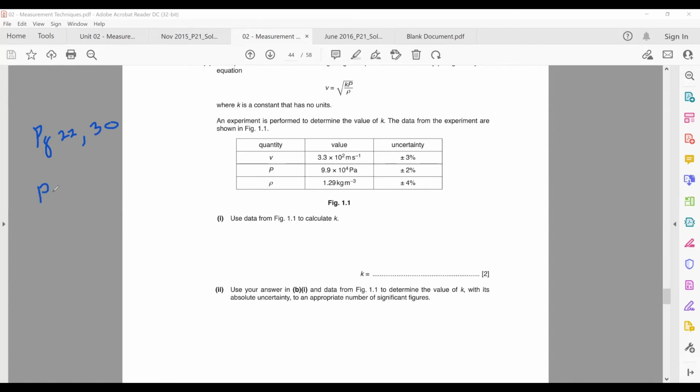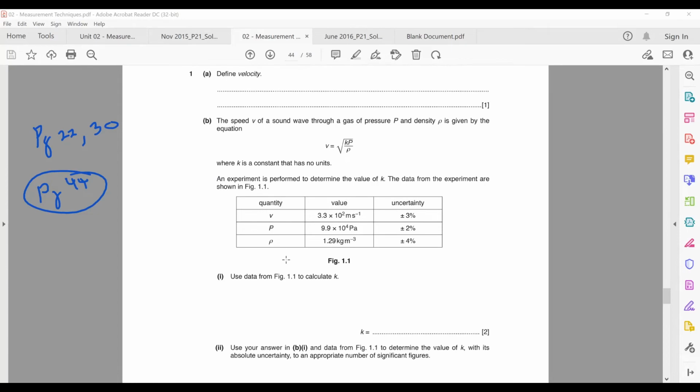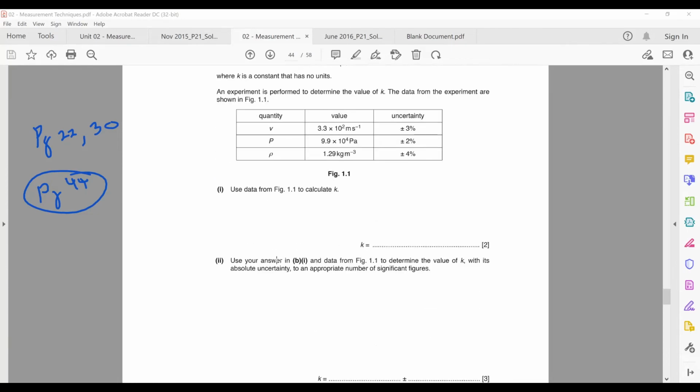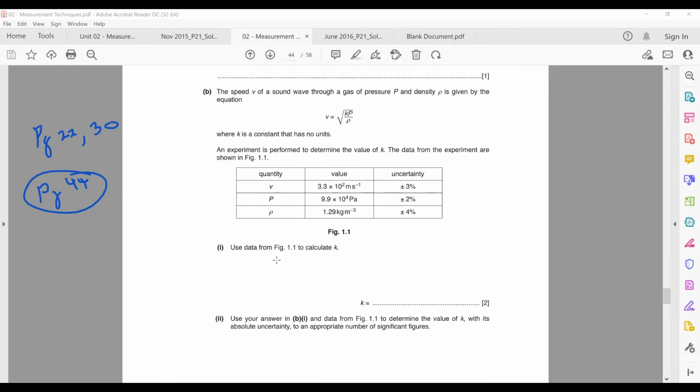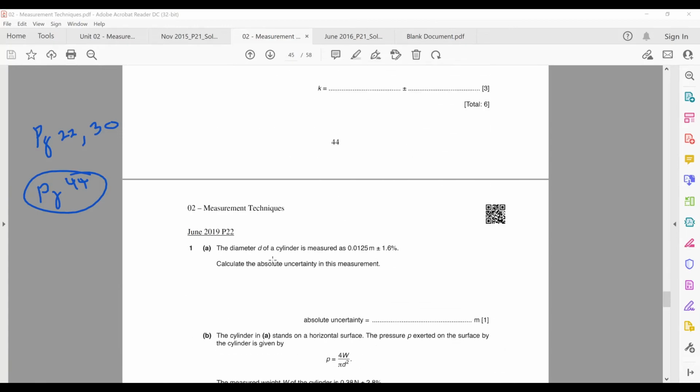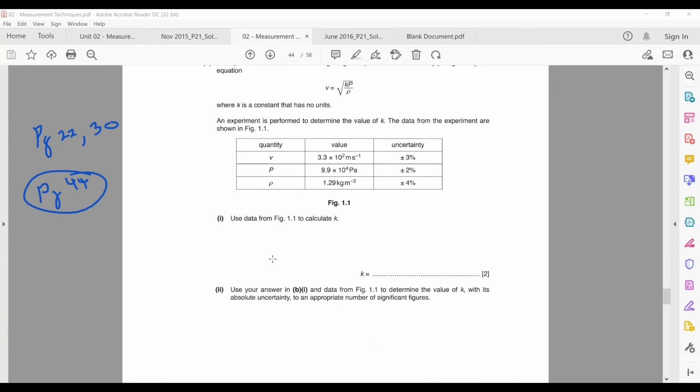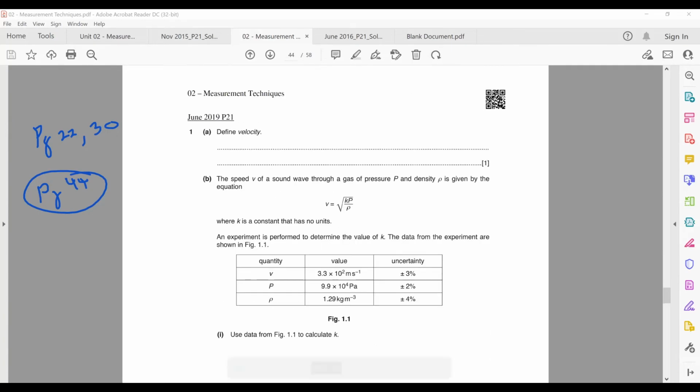Why not we try page 44? Okay, let's have a look at page 44, and then try to do this. This is June 19 P21.